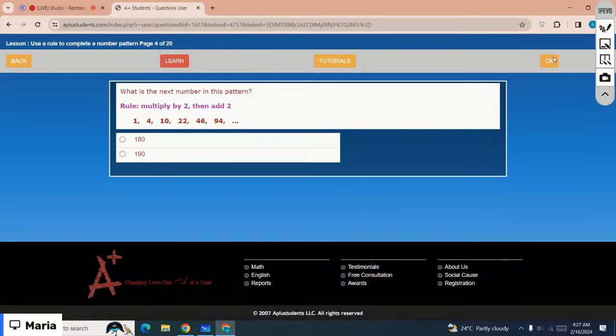Multiply by 2 and then add 2, which is the correct option. That is 190 because 94 times 2 is 188. So 188 plus 2 is 190. Very good.